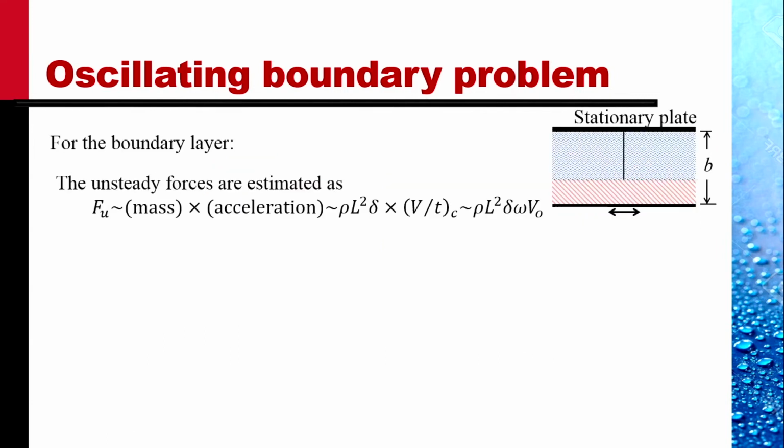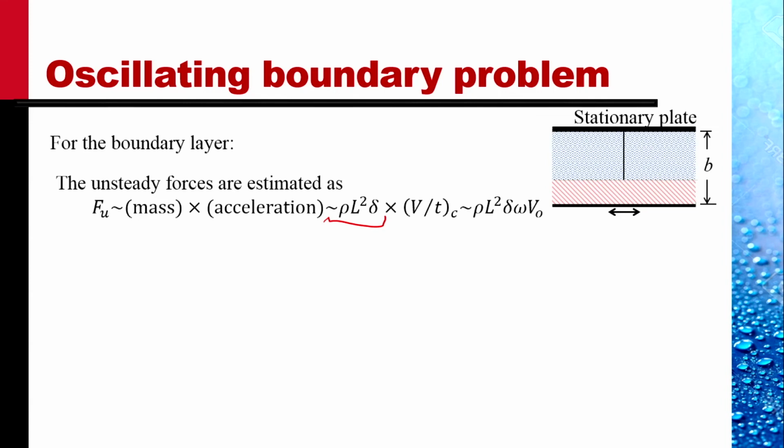Let's now talk about the boundary layer and derive the equation for that. The unsteady forces are estimated as mass times acceleration, and the mass within this region of thickness delta would be scaled like rho L square delta. L square in x and z direction and delta in the y direction.